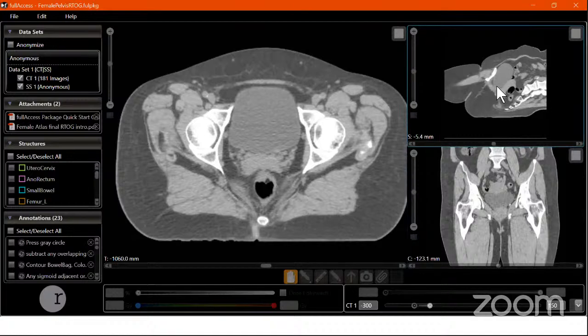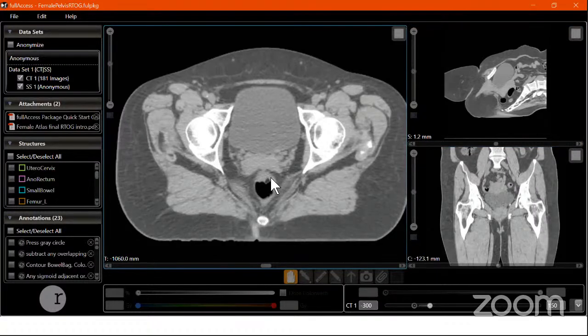As you can see in this sagittal scan, taken in the supine position, this is the pubic symphysis. Right behind it we expect the cervicovaginal junction, which means this should be the place. But here it's a little bit higher up than the pubic symphysis. These are all different ways of identifying the vaginal location.